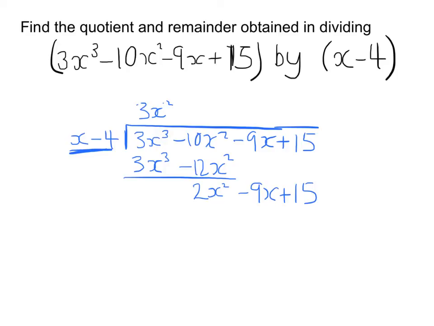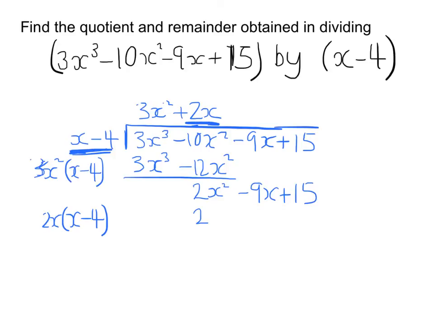Okay, now how many x's are going to go into 2x squared? Well, it's 2x, so plus 2x. So then we're multiplying now with the 2x with the x take 4. Maybe I'll write that down so we remember what we're doing. So we're doing 2x times x take 4, and here what we were doing was 3x squared times x take 4.